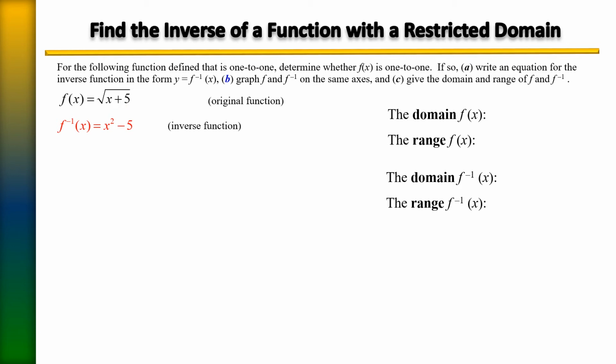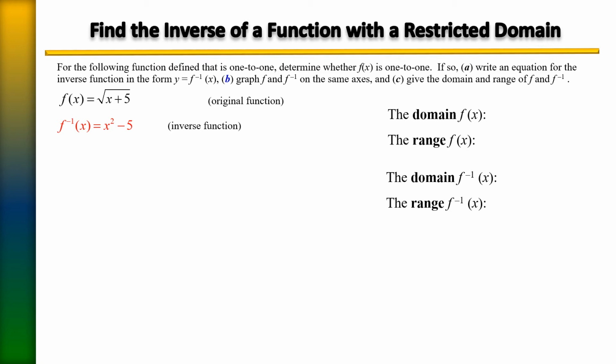With square roots, in terms of the domain, you can plug in any number except a number that would make what is underneath the radical a negative. Remember, with square roots, you can't have a negative underneath, otherwise it would not be a real solution.